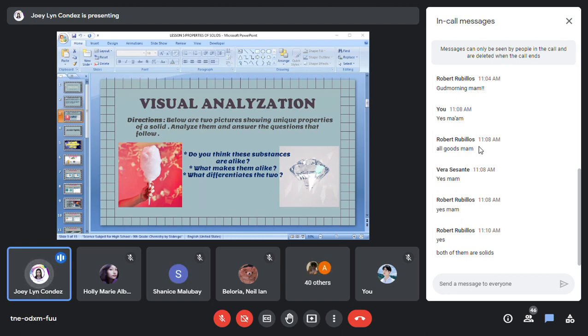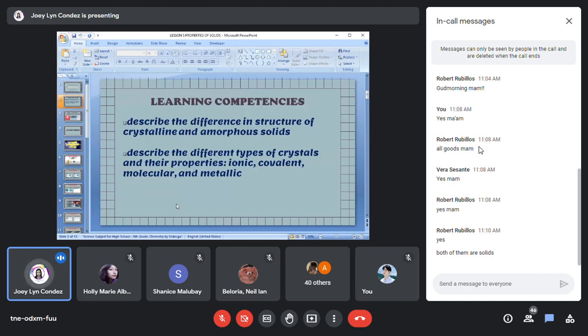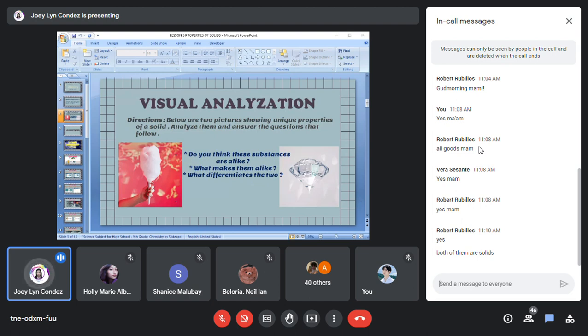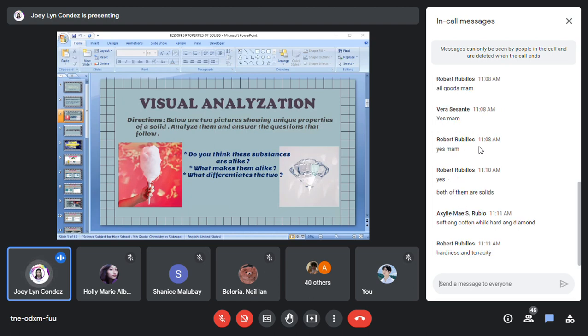Okay, what about their differences? What differentiates the two? Again, what differentiates the two? Okay, soft is the cotton while hard is the diamond. Hardness and tenacity. Okay, very good everyone.